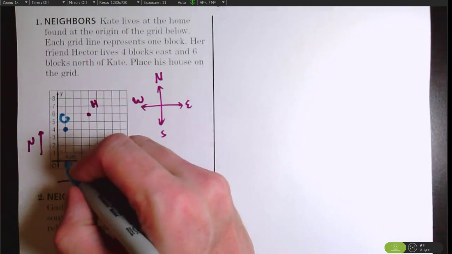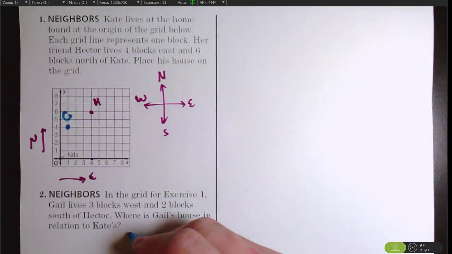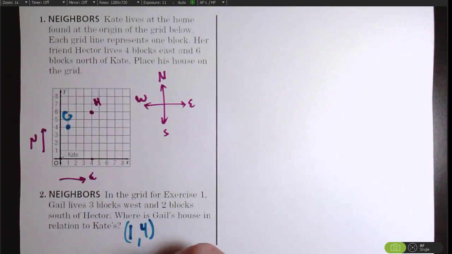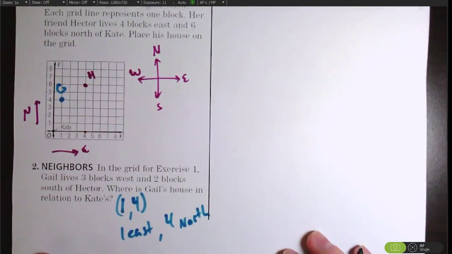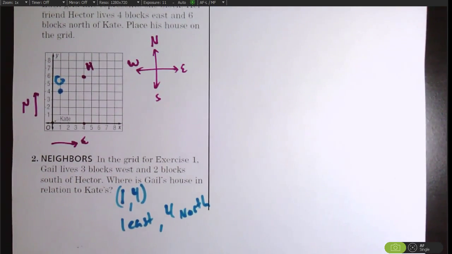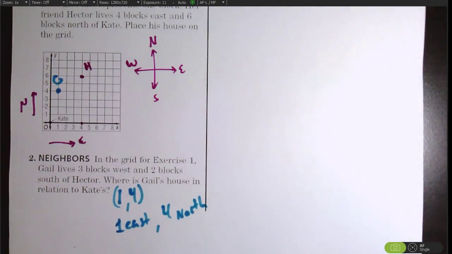Gail is 1 block east, 4 blocks north. So 1 east, 4 north. Okay.